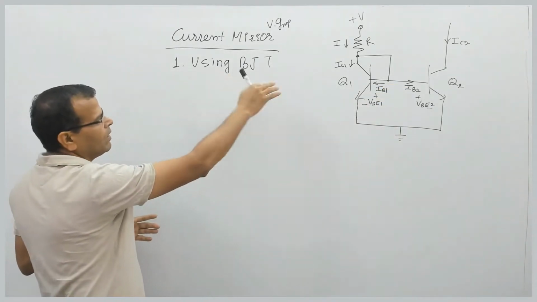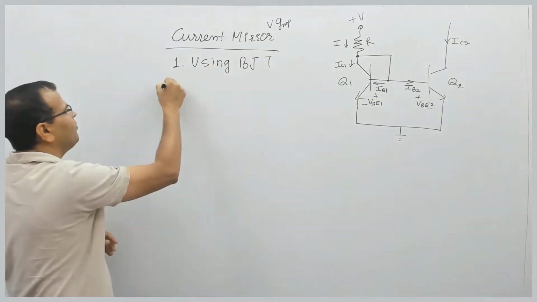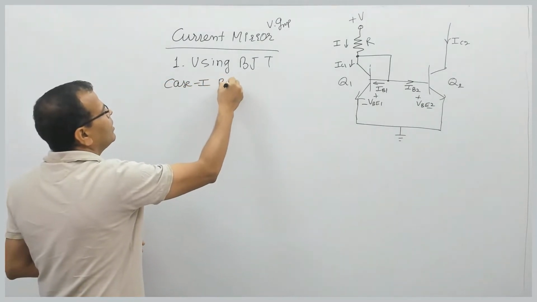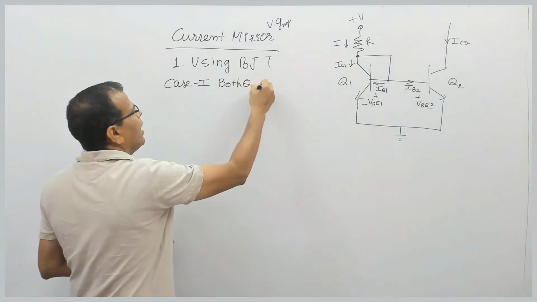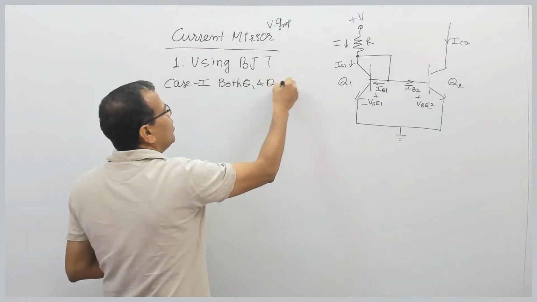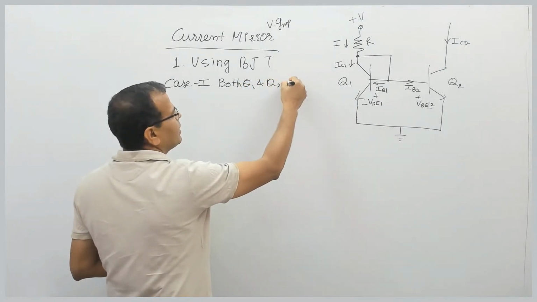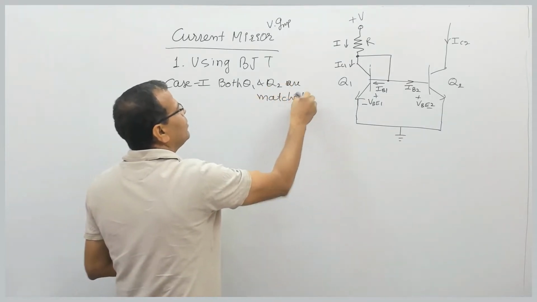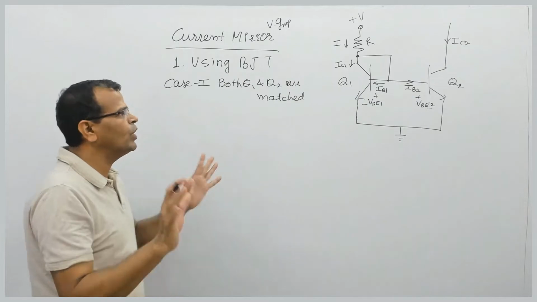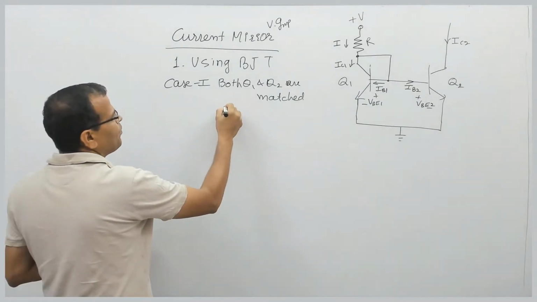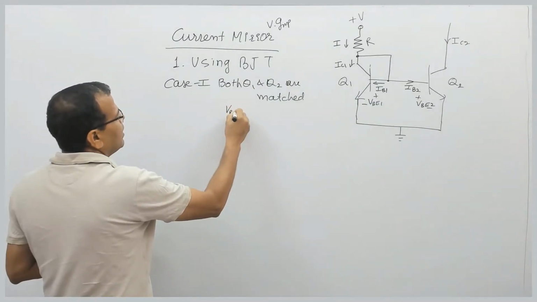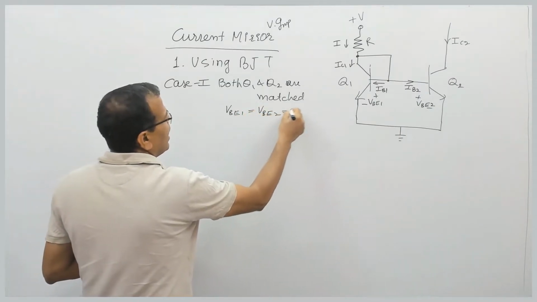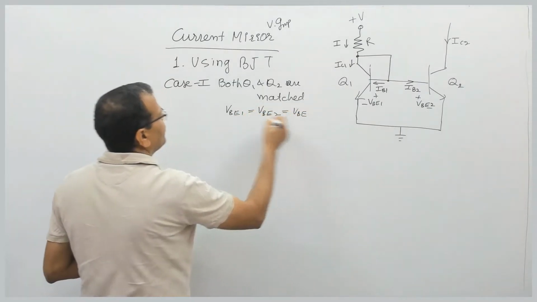In this particular circuit itself, we will be taking two cases. Case 1, when both Q1 and Q2 are exactly similar, both are matched with each other. So when both transistors are matched, we take VBE1 equal to VBE2, and that is VBE.